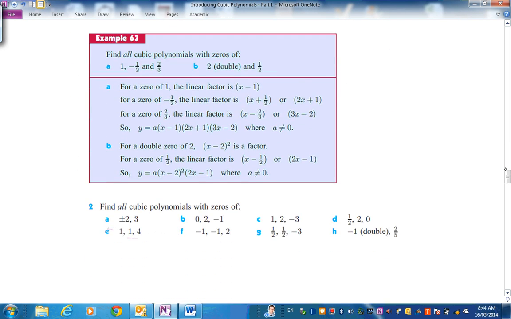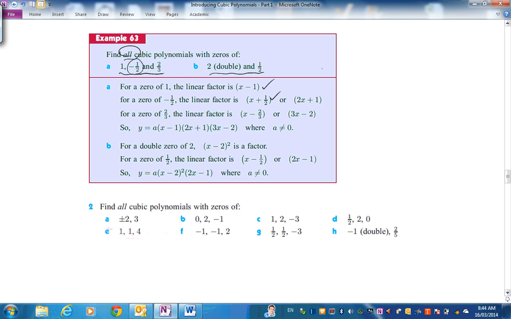Okay, now we're going to graphs backwards and forwards. Now what about if we know the zeros, can you produce the factors and therefore find all of the family of cubic polynomials? A 0 of 1 in this first one means x take 1 is a factor. 0 of neg a half means x plus a half.